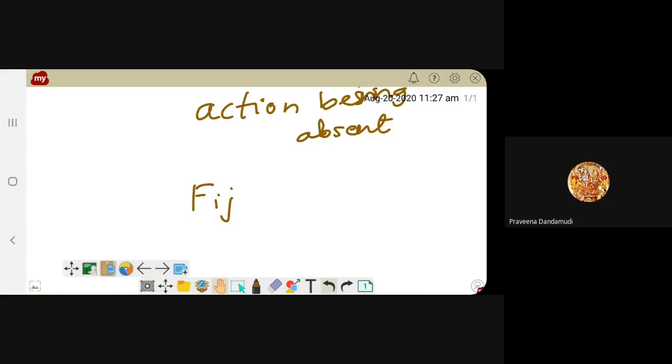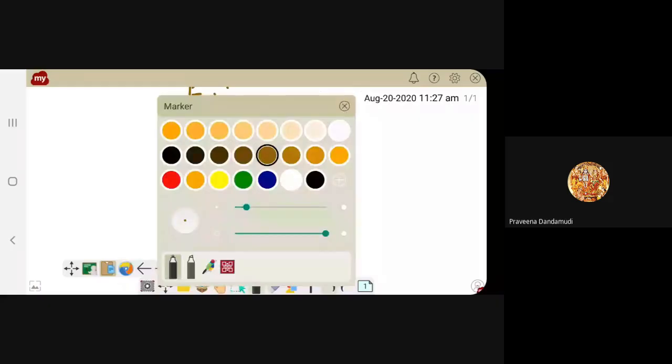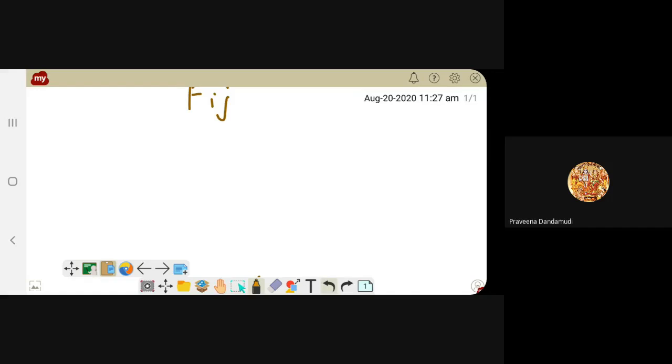How will you write the flexibility matrix then? The simple way: see, flexibility matrix, 2 by 2. How will you write?